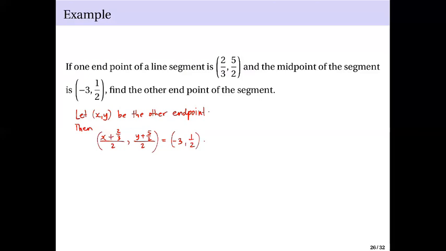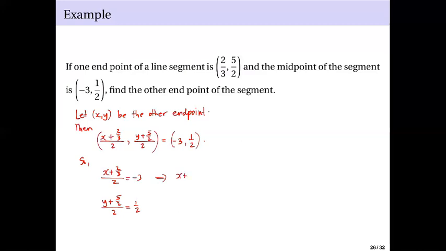And therefore, again, x coordinates must be equal, y coordinates must be equal. So let's just write that. x plus 2/3 over 2 must be equal to -3. And for the y, you have y plus 5/2 over 2. This must be equal to 1/2. So we calculate for x. We multiply both sides of the equation by 2.